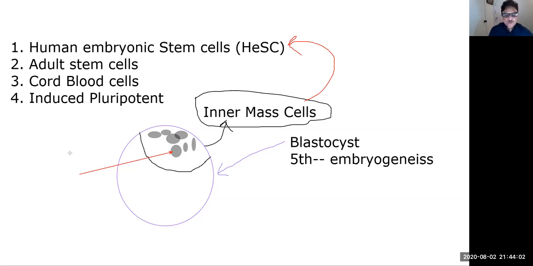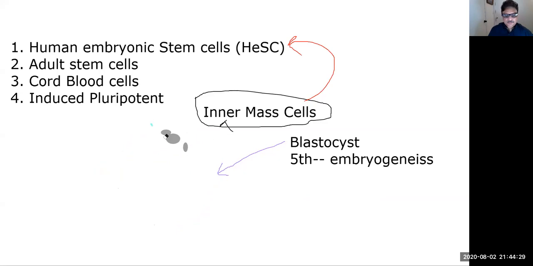But it has huge potential because these human embryonic stem cells are naive cells. They are naive and they could be developed to replace any diseased organ. Right? So this is a little bit about human embryonic stem cells, where they are found, and their potential.